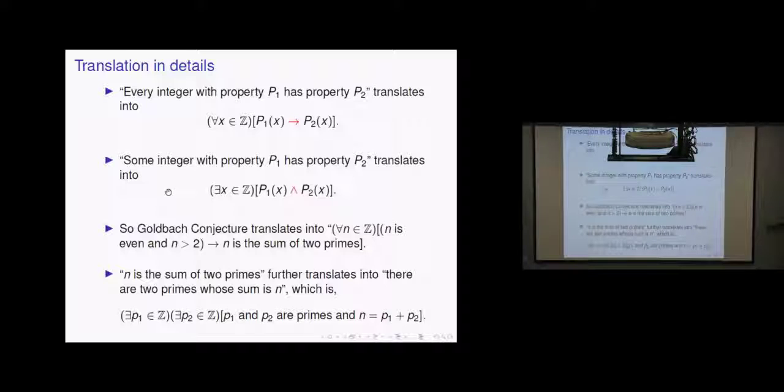So it says they are integers, P1 and P2, and they are primes, and they sum up to n. So this is the translation of this one.